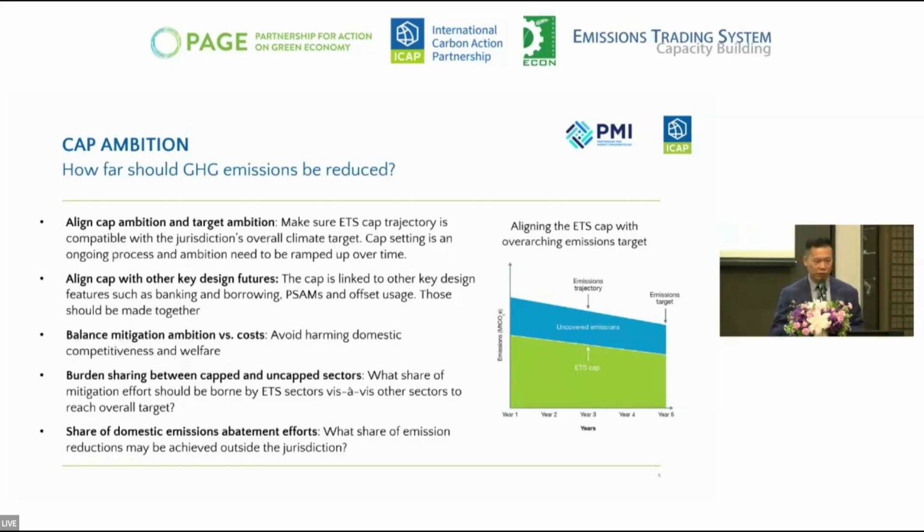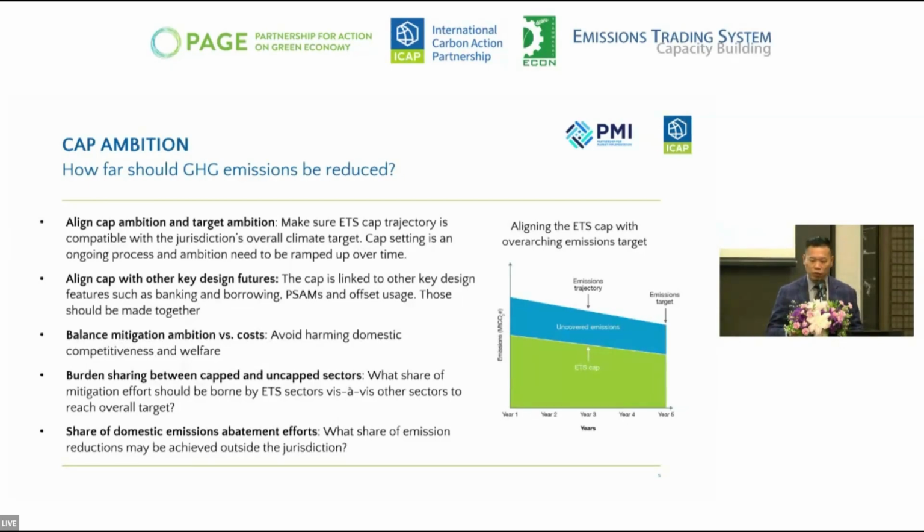Or the government can say no banking. That's also an option. And other things like market stability reserve mechanism and use of offsets. This can also change how much emission can be emitted under ETS. So this also aligns with the cap setting.